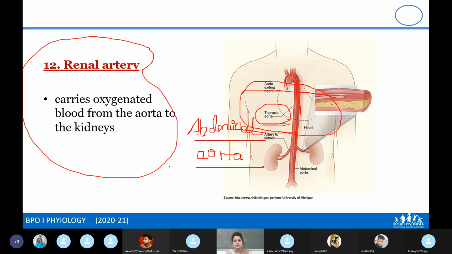So these are all supplied by the abdominal aorta. This is also one of the medium to large sized arteries. The arch of the aorta gives a branch as the thoracic aorta that supplies your thorax. Next, that artery continues down and supplies the abdomen, called the abdominal aorta.